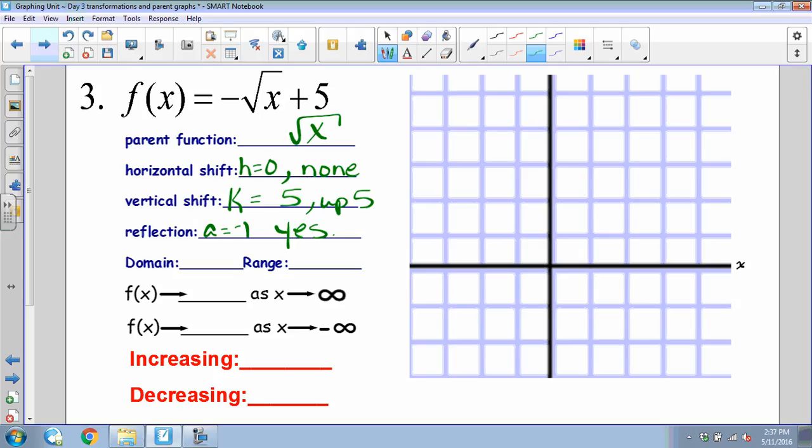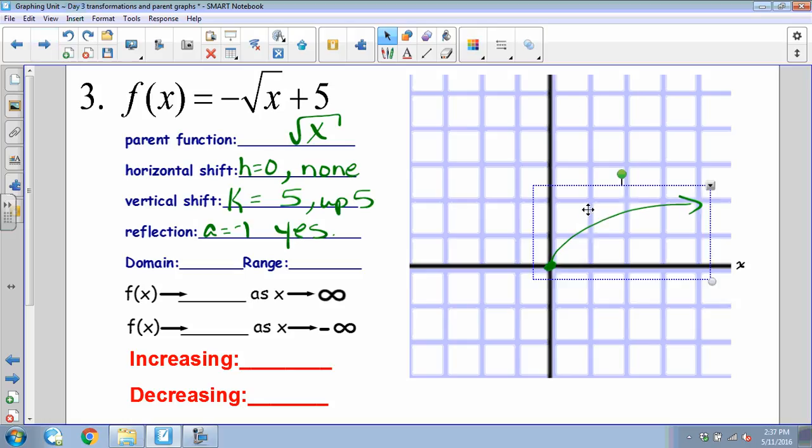Okay, so my original parent function, I'm going to draw the original and then the new. My original starts at 0, 0 and does this. Okay, but I have to take that and shift it.